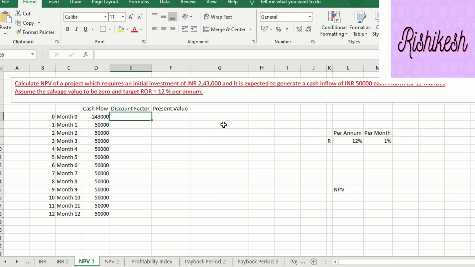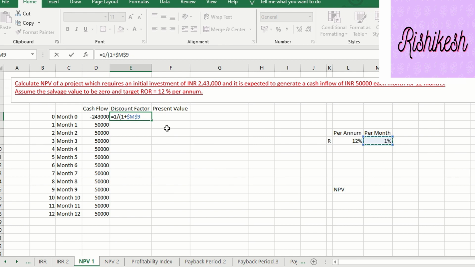For that we need to calculate the discounting factor, and the discounting factor, as you all know, is 1 divided by 1 plus the rate of return that you have. So I'm directly linking it from here, and then I'm pressing F4 because I want to freeze this, because I don't want this box to go down.